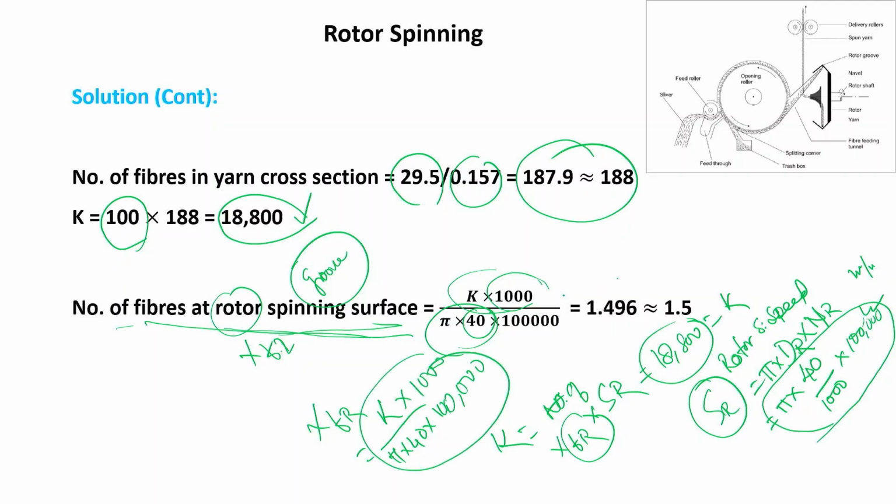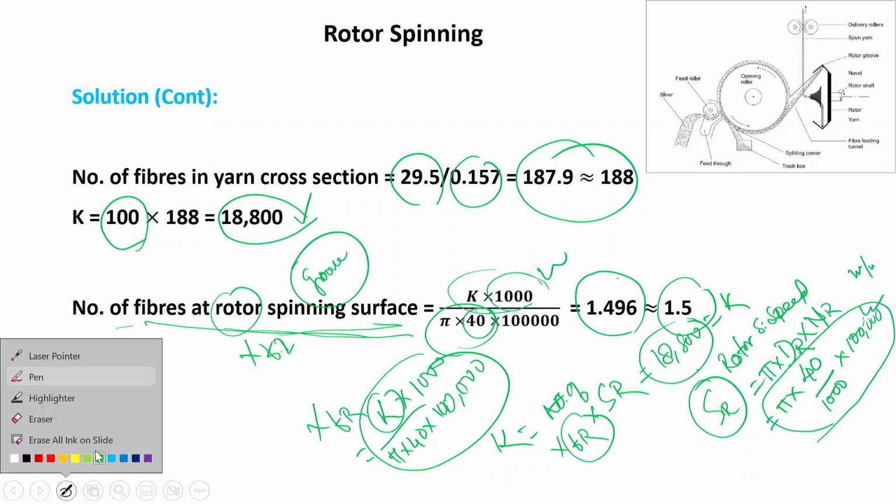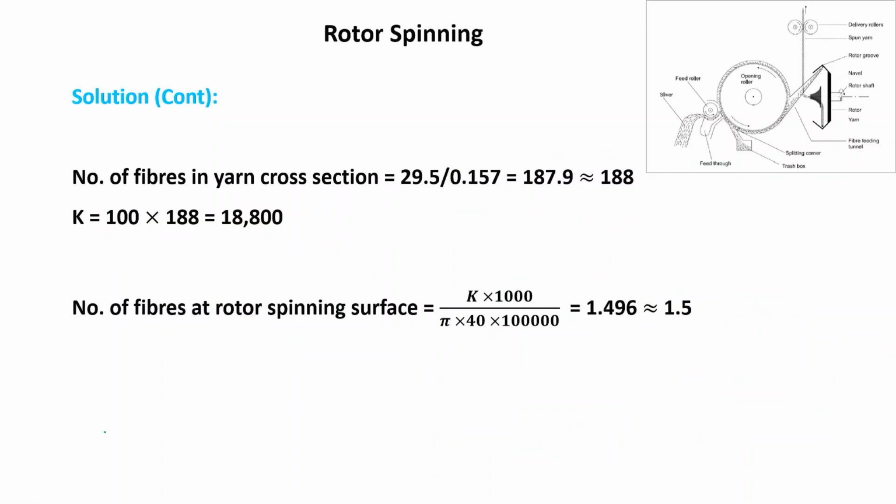If we use K as 18,800, we get the number of fibers in the rotor groove as 1.5. So, 1.5 is the number of fibers in the rotor groove, and the number of fibers in the yarn cross section is 188.